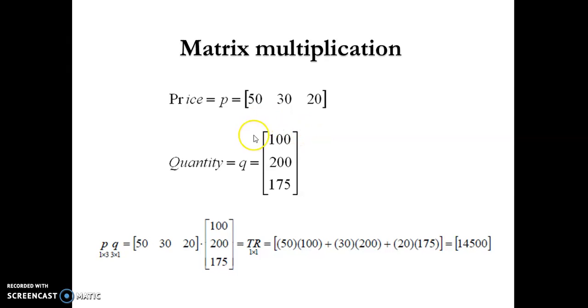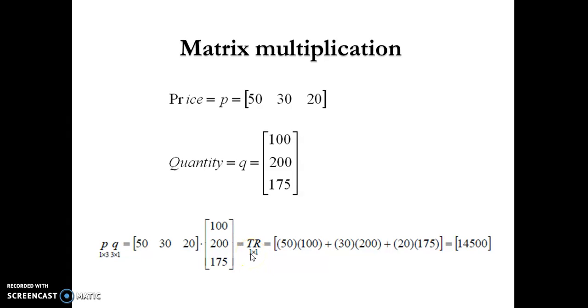And if we look at this column vector Q, Q has an order of 3 by 1. 3 rows, but 1 column, hence a column vector. 1, 2, 3 rows, but 1 column. So these two middle numbers are the same. Therefore, this matrix multiplication will work. And very importantly, the answer, total revenue, is going to have an order of 1 by 1.